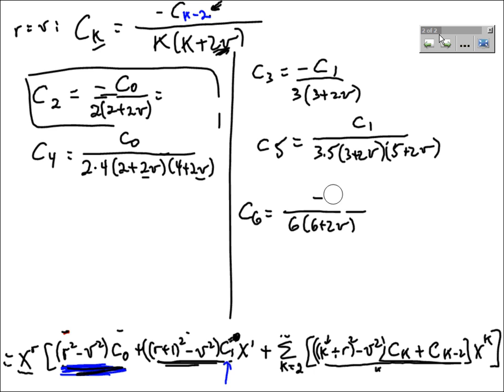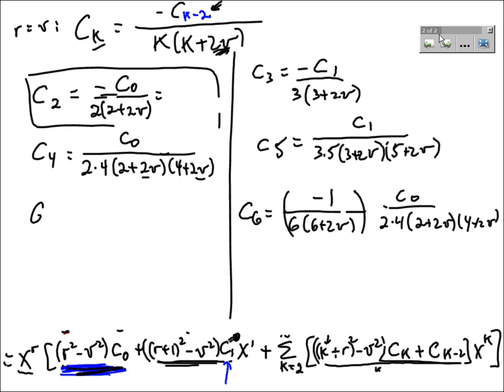But this is the same as negative 1 times c4, which is c0 over 2 times 4 times (2 plus 2v) times (4 plus 2v).